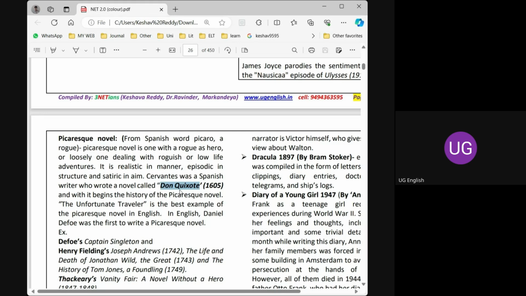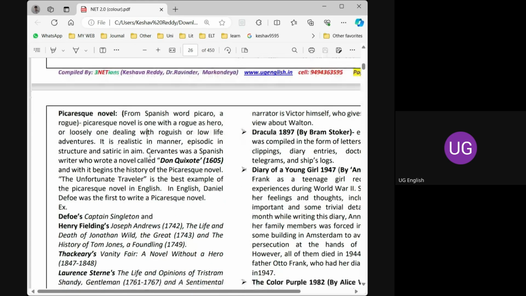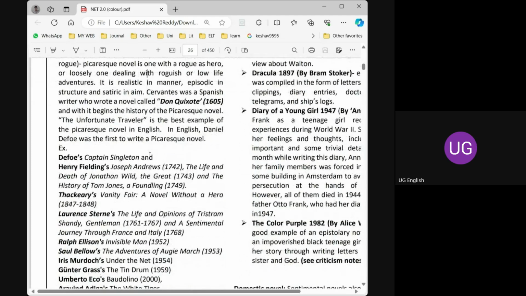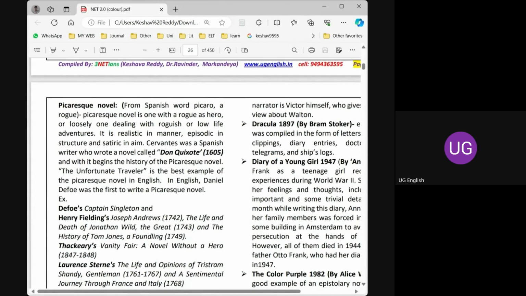It's a picaresque novel. So I just told you that it is based on the adventures of a rogue, adventures of a picaro. So in other terms, the rogue is the hero of this novel. Simple terms, picaro is the hero of the novel.